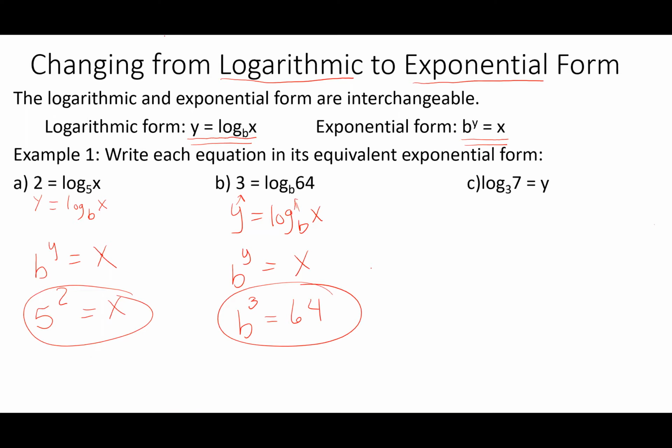And lastly, I'm not going to write the equations for this one, but my base raised to my y, which happens to be y in this case, equals what I'm taking the log of. Even though this y is on the right side of the equation instead of the x, it's still the expression that is the opposite side of the log equation.